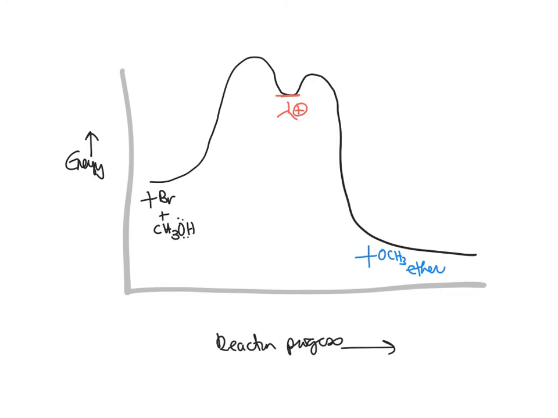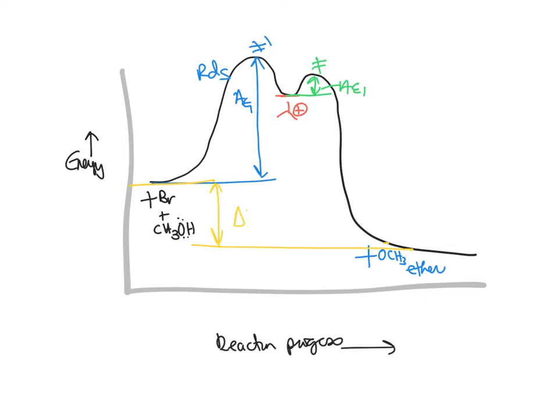All right, so our first transition state was the formation of the carbocation. This is the highest activation energy. So this is your rate determining step. The second activation energy is here, and that is not as high. Okay, that's also a transition state. You can see that between your starting material and your products, that's delta H, a reaction that's going to be exothermic.